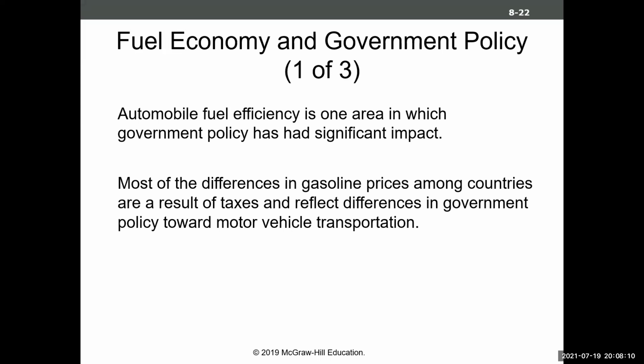Lower gas prices mean people are able to travel, vacation, or even have extra money to spend on other things because they're not spending a majority of their funds on gas and transportation. Most of the differences in gasoline prices, though, are a result of taxes and differences in government policy. And this is even between states in the US.